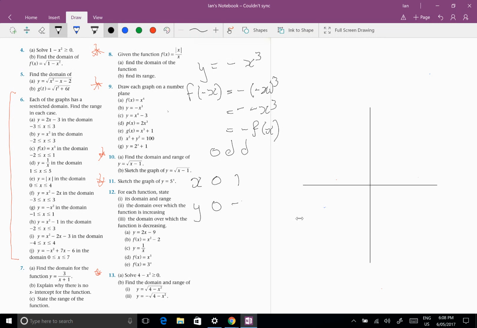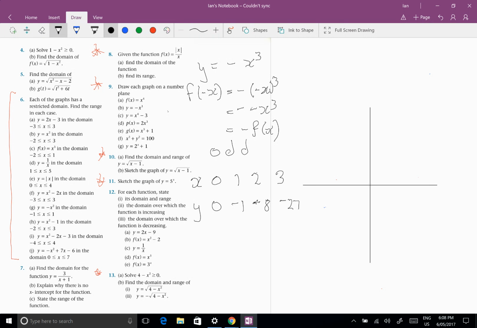We'll put the negative in front of it. Let's pick 2, negative 2 cubed, or 2 cubed is 8, so negative 8. 3, negative 3 cubed is negative 27. Or 3 cubed is 27, negative 27.